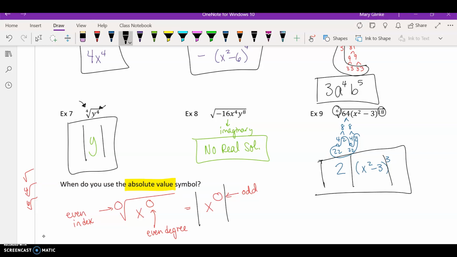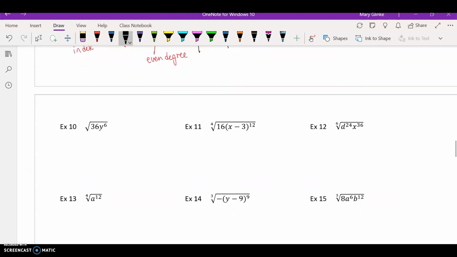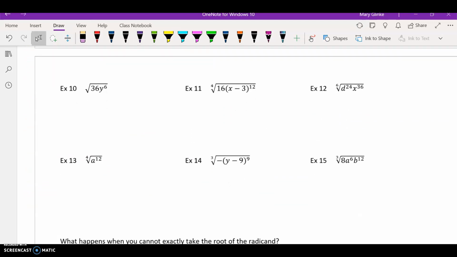So let's take a look at now just a couple more of these examples. So for instance, example 10 here, the square root of 36y to the 6th. The square root of 36 is 6. If I have 6 y's and I'm grouping them in pairs, I'm taking out 3, but even degree, even index, odd answer means that that would be an absolute value.